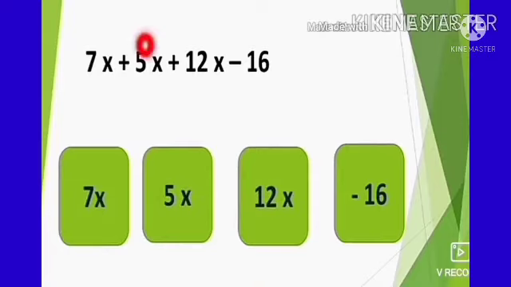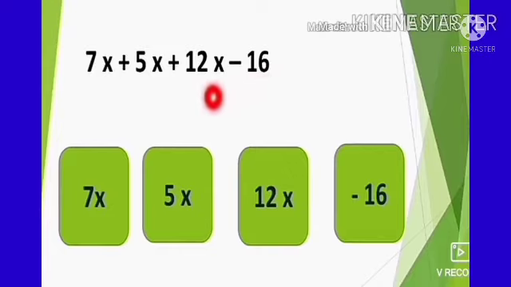We say that 7x, 5x and 12x are like terms. However, the terms 12x and minus 16 have different variable factors. The term 12x has the variable x and the term minus 16 is a constant. Such terms are called unlike terms.